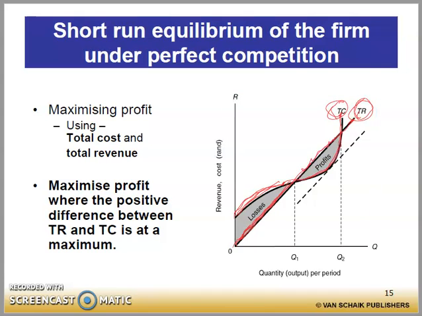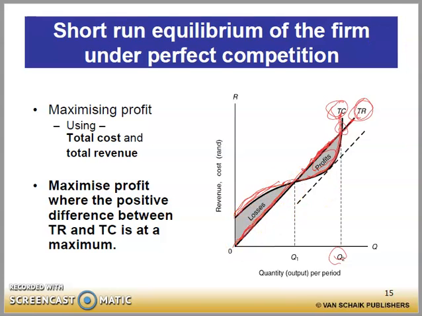And in a case where this curve, which represents the total revenue, is above that of the total cost, there is a profit in the production, or rather the firm is maximizing profit. So the firm maximizes profit where the positive difference between total revenue and total cost is at its maximum. So at this point here, that is where it maximizes its profit.